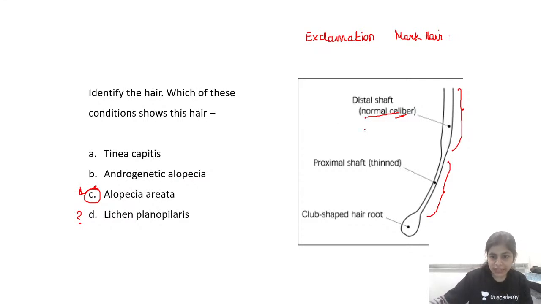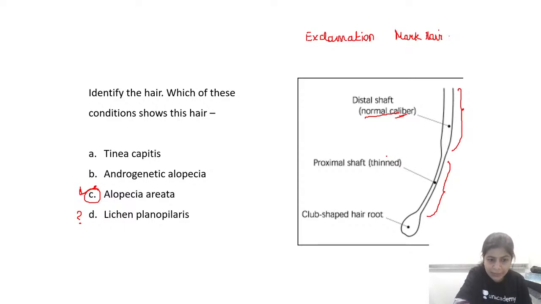Okay, so in alopecia areata, what exactly happens is that it is an autoimmune condition, right? So there are abnormal cells which are produced in our body. Now these abnormal cells have to recognize something as an antigen. They recognize the melanin present within the hair bulb as the antigen, and they start attacking the melanin in the hair bulb.